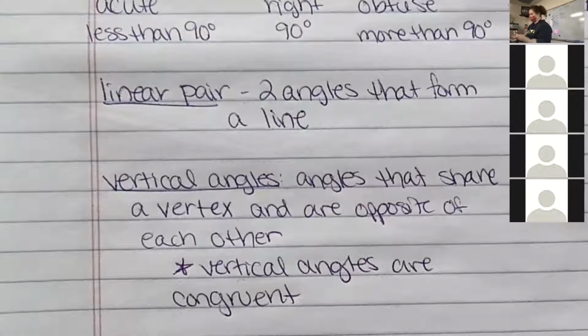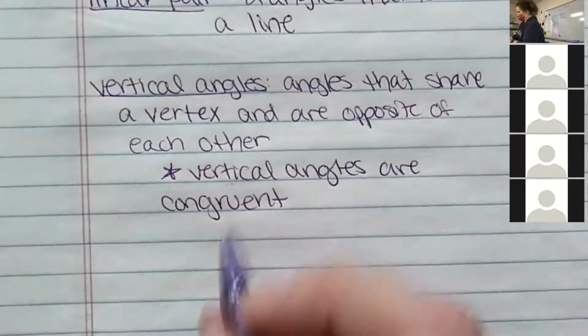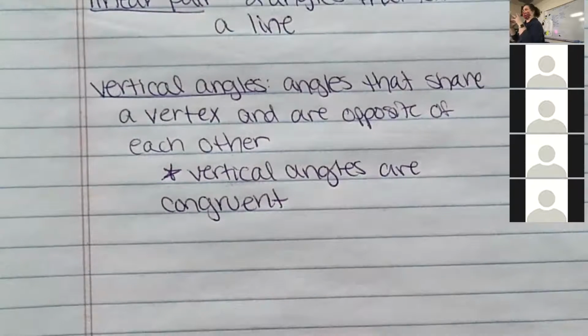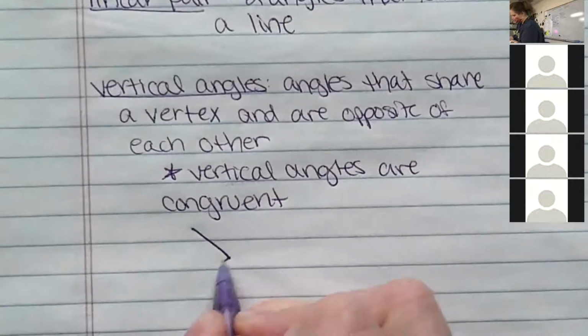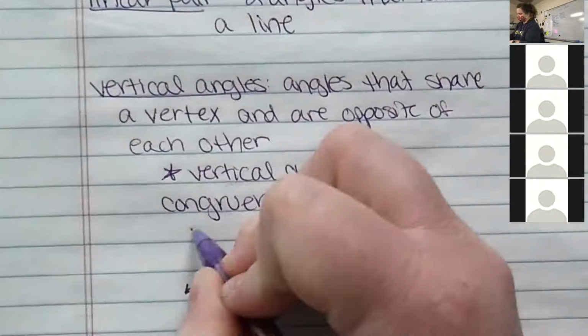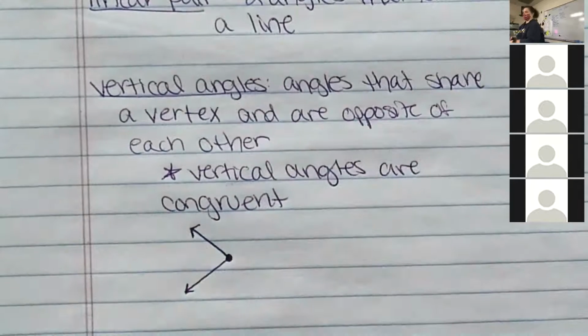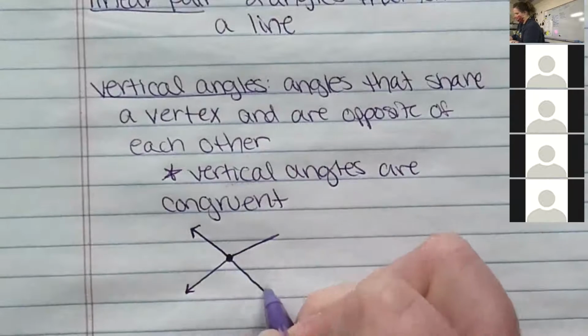I'm going to draw some vertical angles for you so that you can understand what the words mean, because I'm a visual learner, so seeing a picture makes a lot more sense. They have to share this vertex. So here's an angle, and here's an angle.